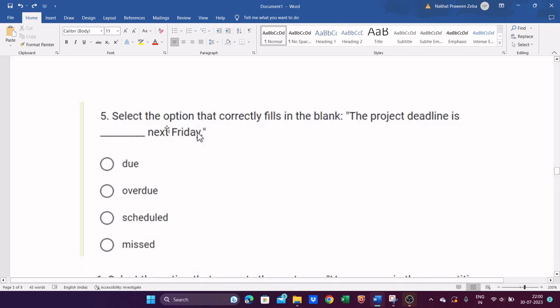So it is talking about next Friday, so it will be eliminated. Overdue is also eliminated. Missed can also not be there. Missed means the previous day that we would talk about then. But scheduled can be there. Like the project deadline is scheduled next Friday. Yeah. So C will be the correct answer.